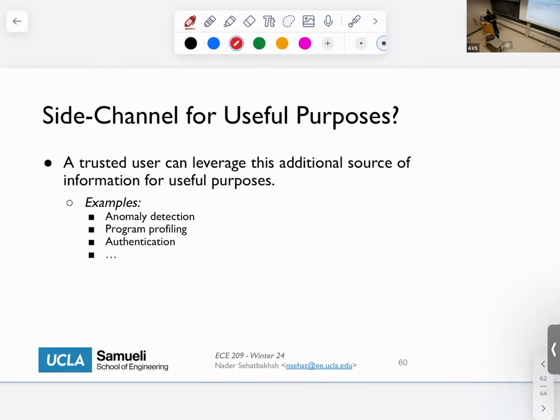The last thing I want to talk about before finishing the discussion on side channels, and this is what I mostly do for my research as well, is the idea of side channels for useful purposes. So far, I've said side channels are just a nuisance that creates lots of security issues, because whatever secret I have is correlated with the signals being sent out unintentionally, and the adversary can observe this and find the secret.